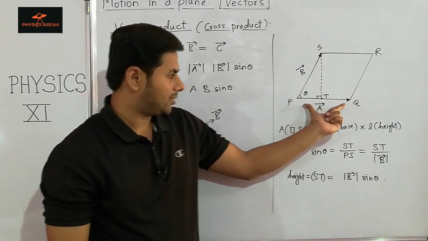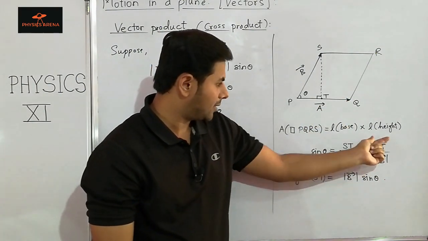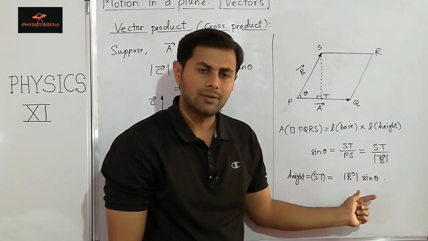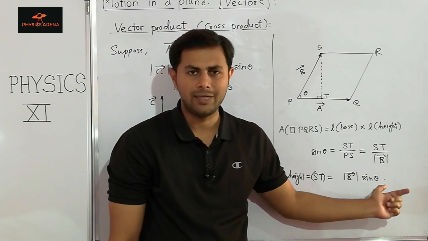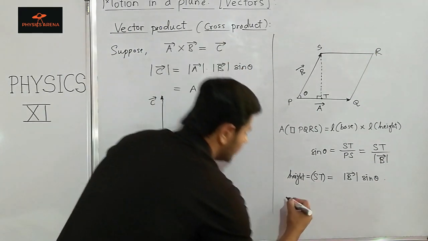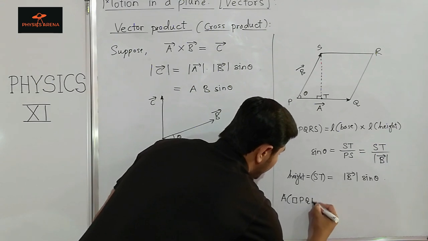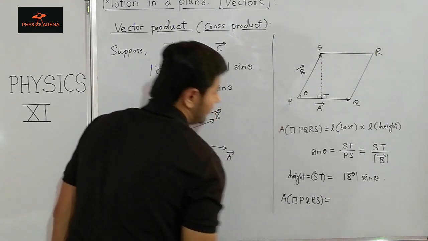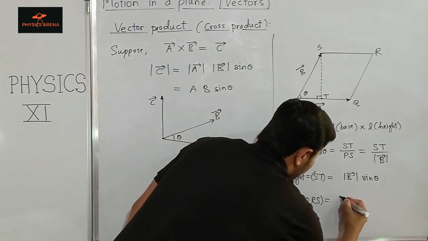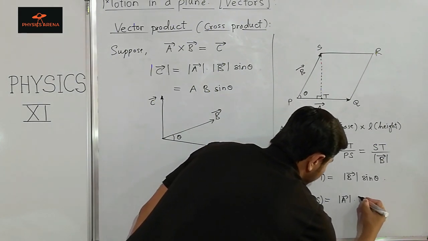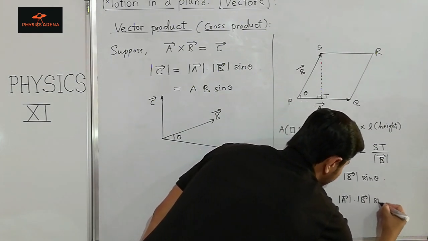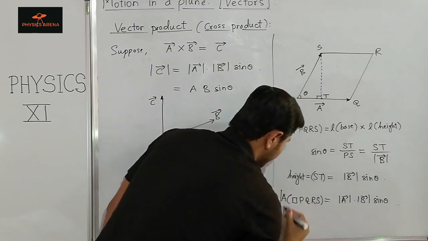So length of base is magnitude of A and length of height is magnitude of B multiplied by sine theta. So area of this quadrilateral PQRS is equal to magnitude of A into magnitude of B multiplied by sine of the angle between two vectors.